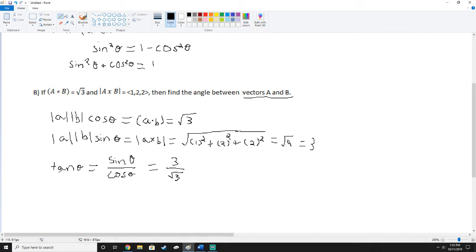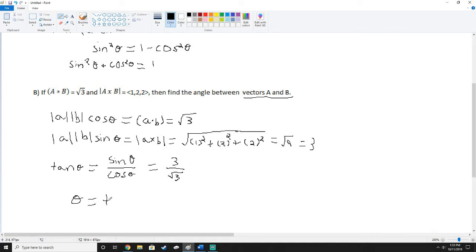But we don't want to just find tangent. We want to find specifically theta to get the degree of the angle between vectors a and b. In order to do that, we have to leave theta by itself and take the inverse tangent of 3 over root 3.